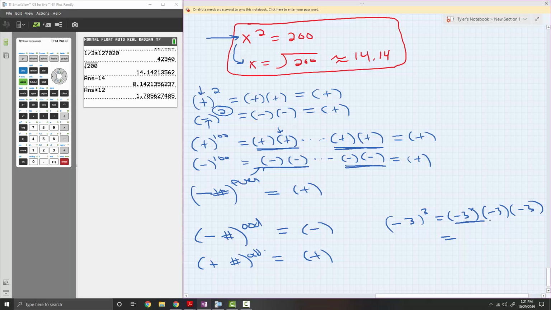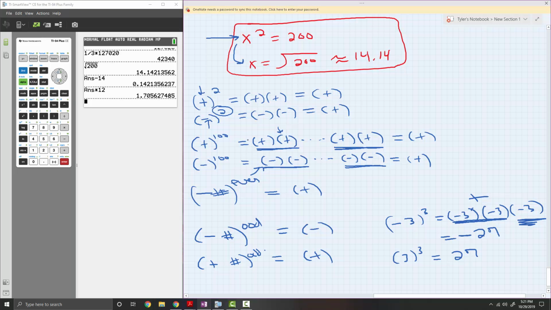These two negatives make a positive number, but then you have one negative out in front. A negative times a positive is a negative number, and 3 times 3 times 3 is 27. So negative 27. Whereas if I take 3 cubed, we would get positive 27, because it'd be 3 times 3 times 3.